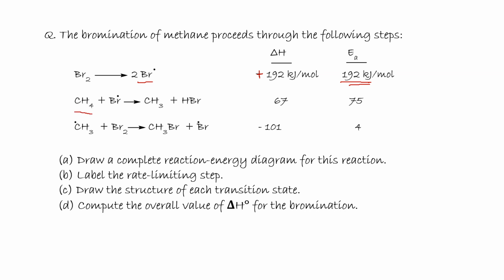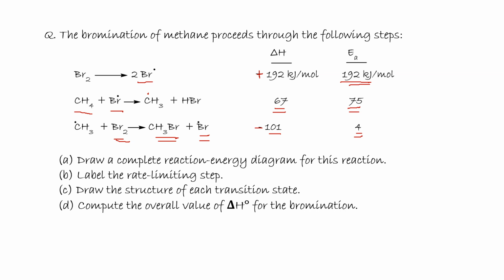CH4 plus Br radical gives CH3 radical and HBr, delta H 67, and activation energy 75. CH3 radical plus Br2 gives bromomethane and Br radical, that's exothermic 101, and activation energy is 4.